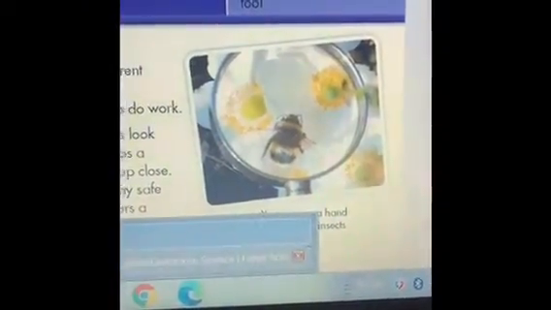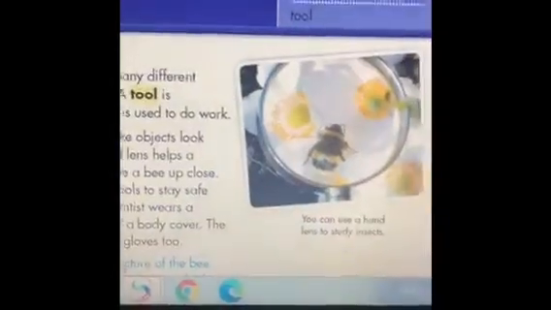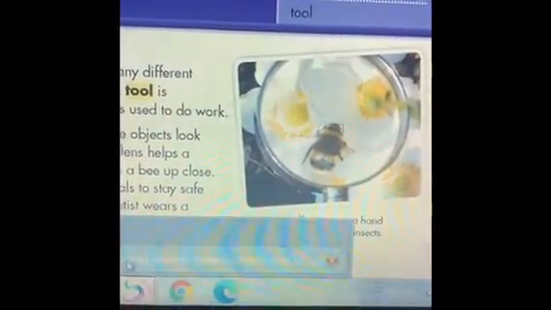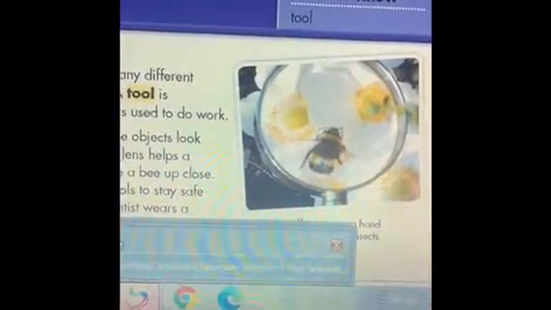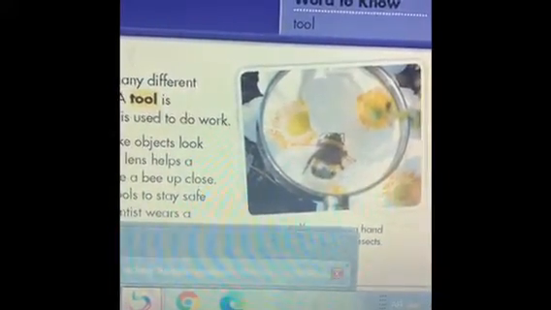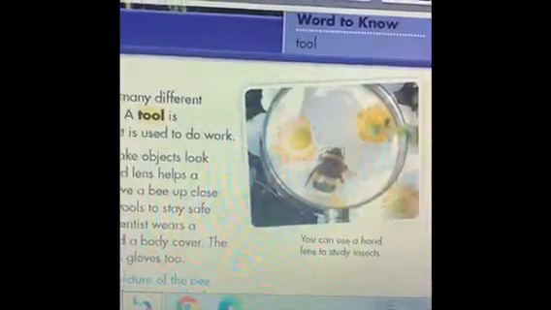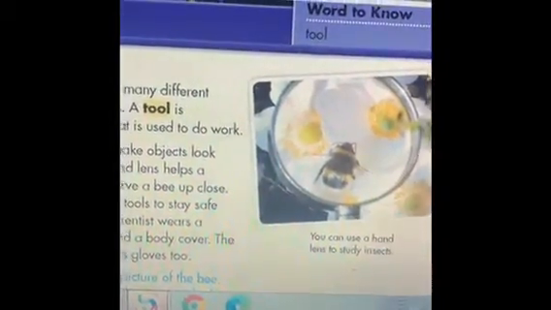So this is a hand lens, which makes objects look bigger.